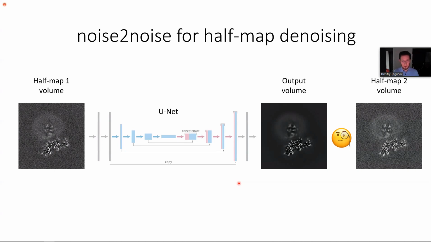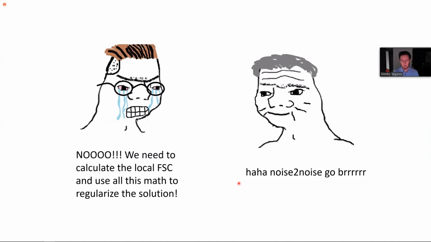Now, when I first saw that result, I think it was about 1.5 years ago, first I was very, very sad because all of the work that I had invested prior to that into figuring out how to do this with local FSC was pretty much obsolete because this deep learning based model learned all of that by itself, basically within just a few minutes.